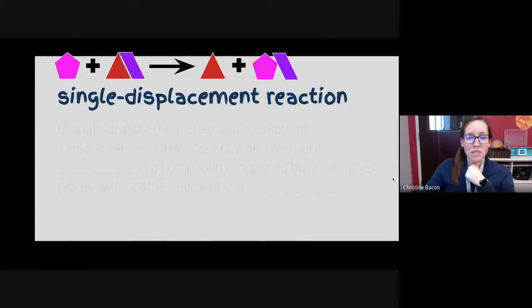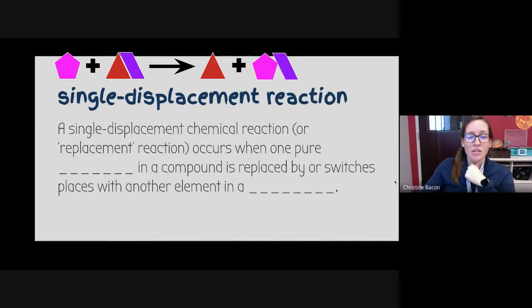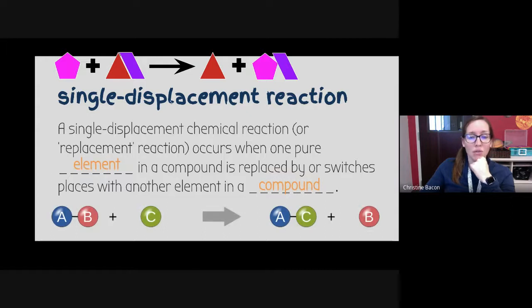A single displacement reaction is also known as a replacement reaction. It occurs when one pure element is replaced by or switches places with another element in a compound. Okay, so see how this pink pentagon switched places with the red triangle in this example.